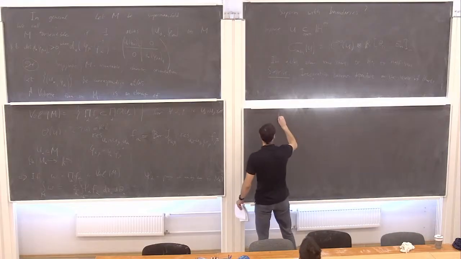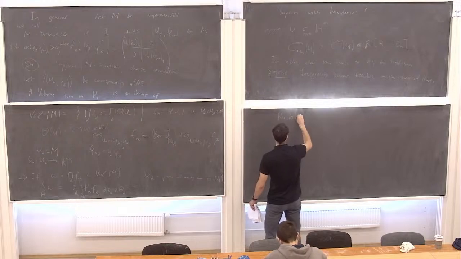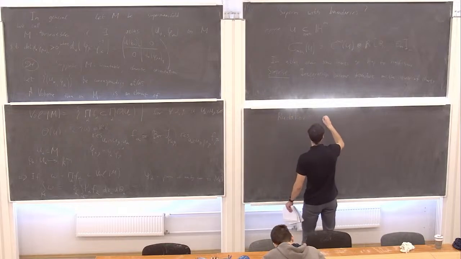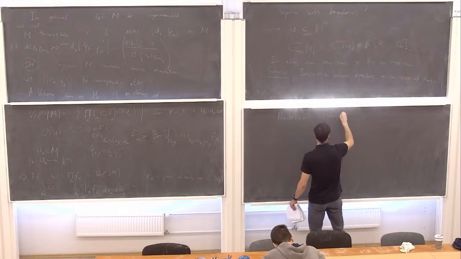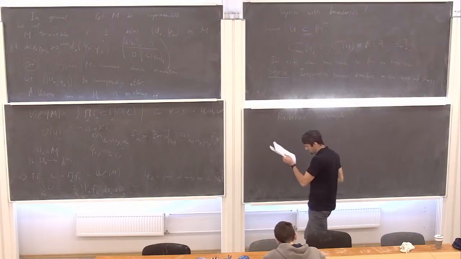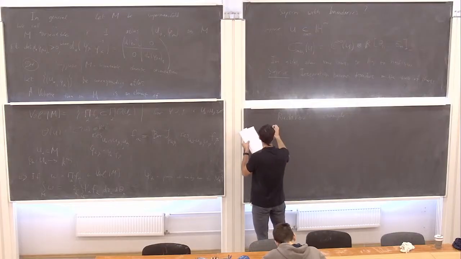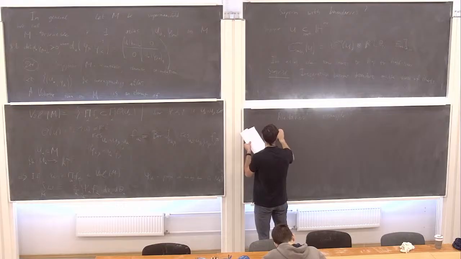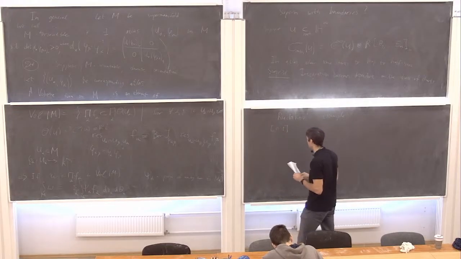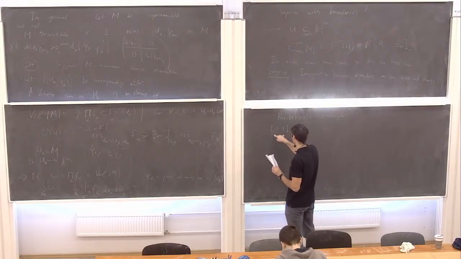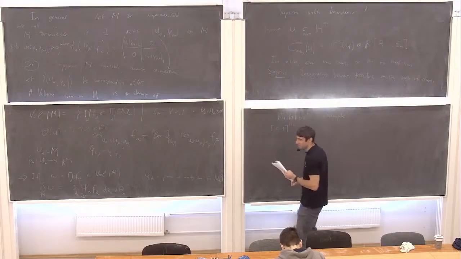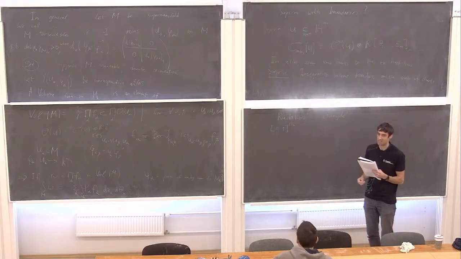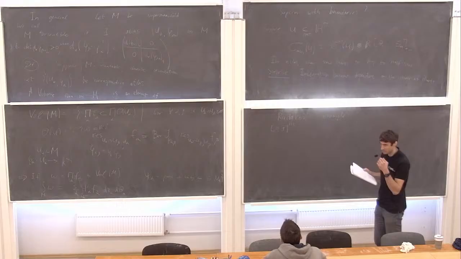Rudakov example. Let me consider this manifold with boundaries, with super dimension 1|2. All right. Well, clear what it is, right?